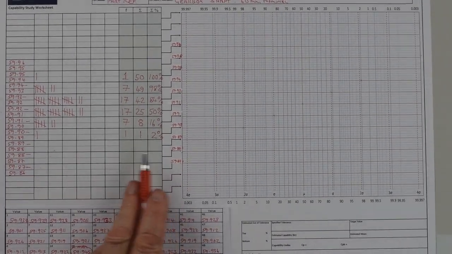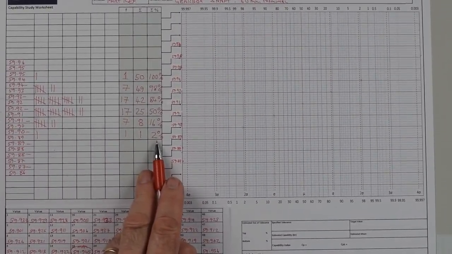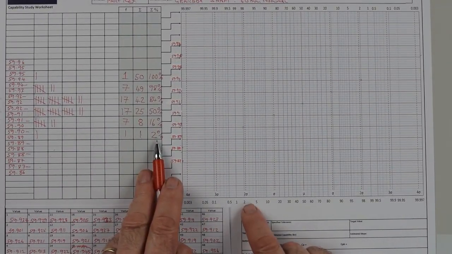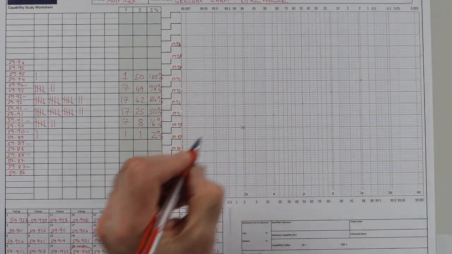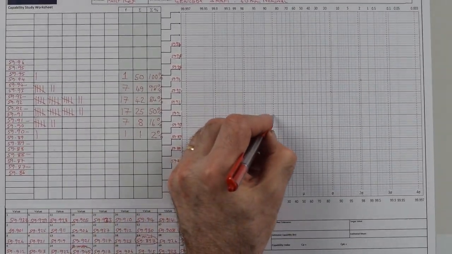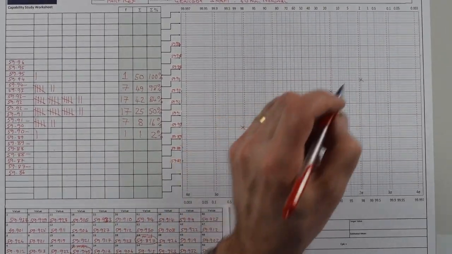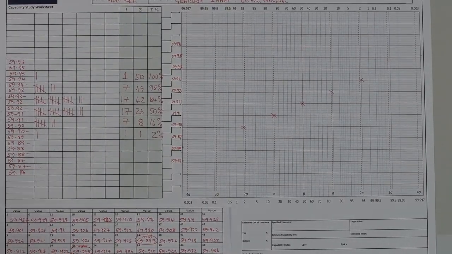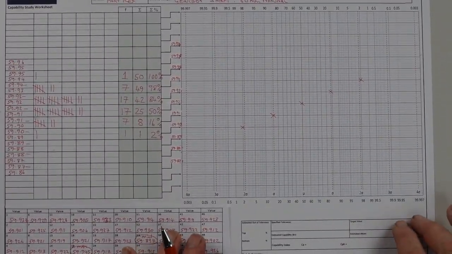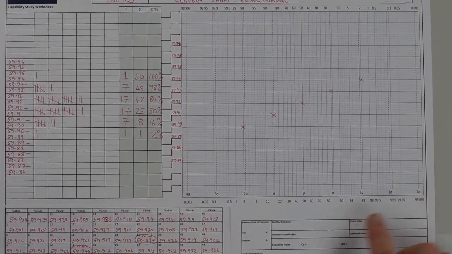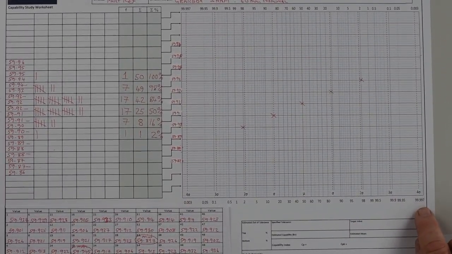Plotting these, first one is 2%. We look along the bottom of the chart here to find 2%, move up and mark the chart. And we do the same until we've plotted all the points except the 100% point. The scale along the chart here only goes to 99.97.